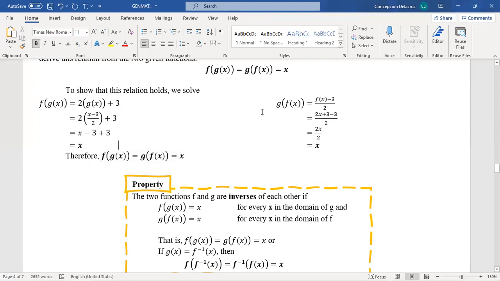And also for the second one, g of f of x, we take the original equation g of x is equal to x minus 3 over 2 and substitute the value of f of x for x. So f of x is 2x plus 3, giving 2x plus 3 minus 3 over 2.